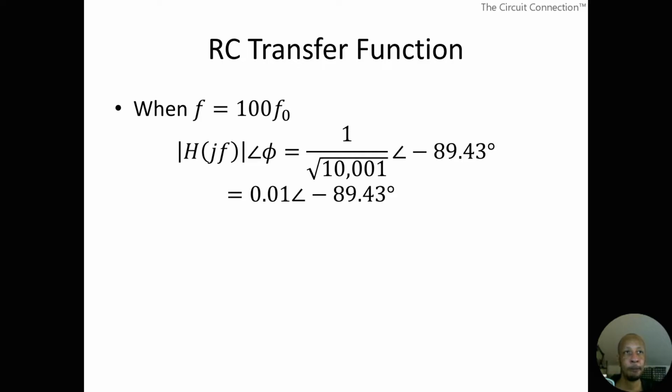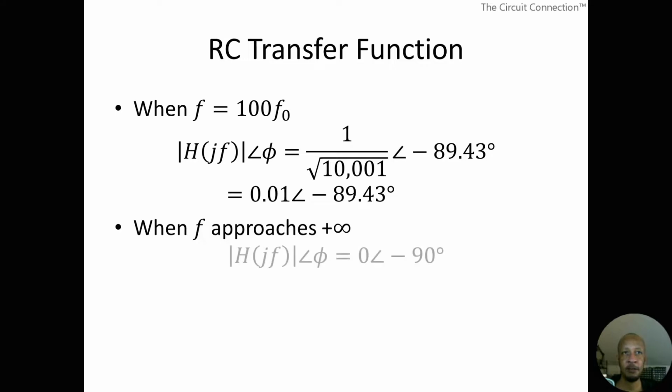So you can clearly see that as F approaches positive infinity, you end up with 0 at an angle of negative 90 degrees.